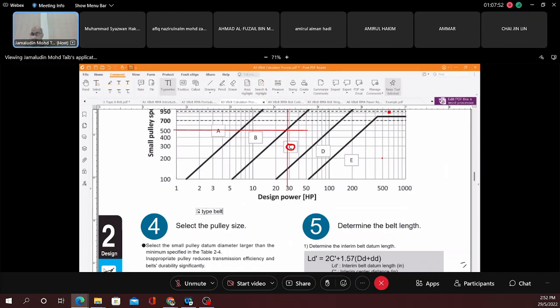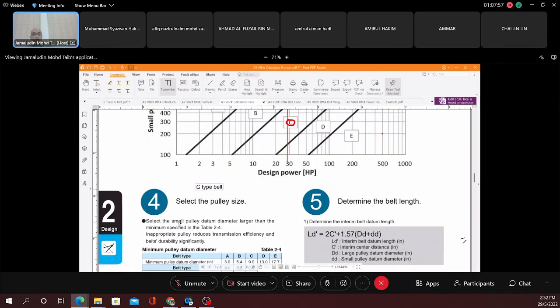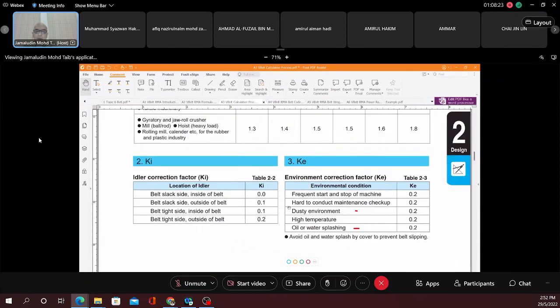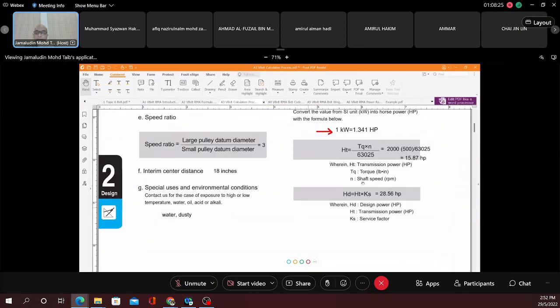Okay, this is very important as well, because when you choose wrongly, for example, let's say like just now, if I make the line not roughly here, then it becomes B or C. This is not 28, right? 28.8 is going to be roughly 29, it should be a bit closer to 30. Another mistake that may come up is, for example, you make a mistake in calculating the power here, maybe the KS.